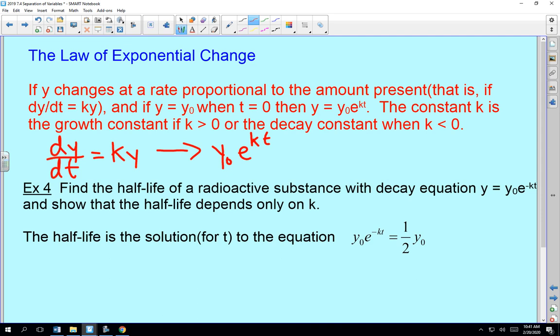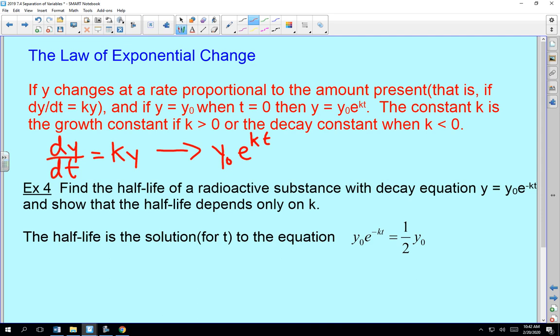An example for it says, find the half-life of a radioactive substance with decay equation y equals y naught e to the negative kt. There's no calculus in this. This is just review. You guys remember half-life and how that works? It says to show that the half-life depends only on k.